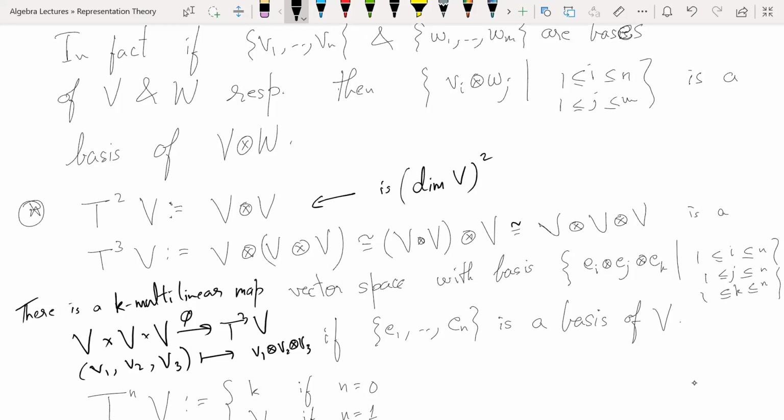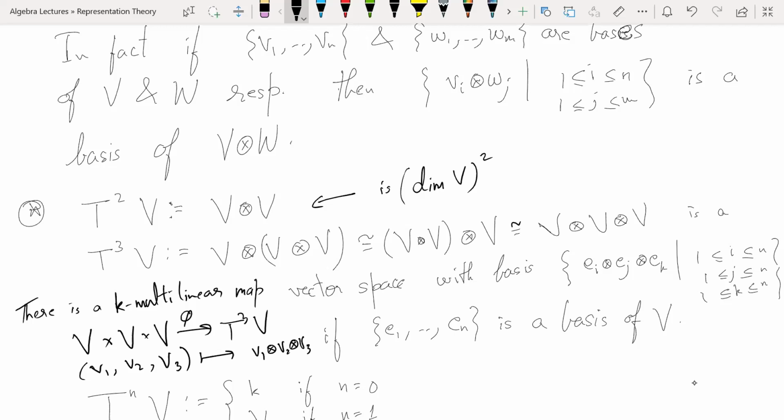V cross V cross V. If V has dimension n and W has dimension m, then V cross W has dimension n plus m, with the basis being the basis of V with the basis of W adjoined to that list.